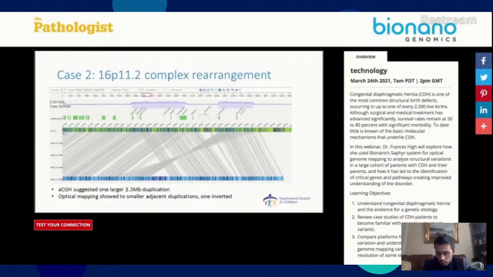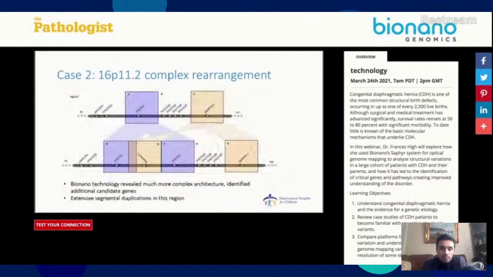And what you can see is that this is actually 2 adjacent duplications instead of one large duplication. And that the second duplication is actually inverted as well as duplicated. So this rearrangement ended up being considerably more complex than we had originally hypothesized based on the microarray technology.